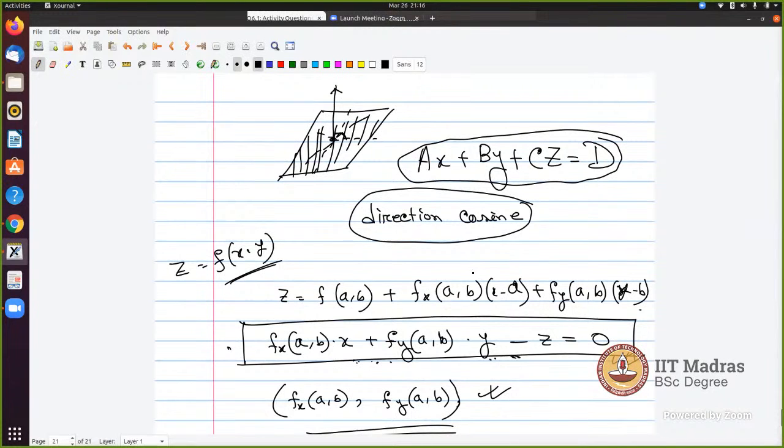Suppose any vector on this plane is of the form x, y, comma fx, ab. Any point on this plane, if the plane which you have written here, is of the form x comma y comma fx(a,b) x plus fy(a,b) y.